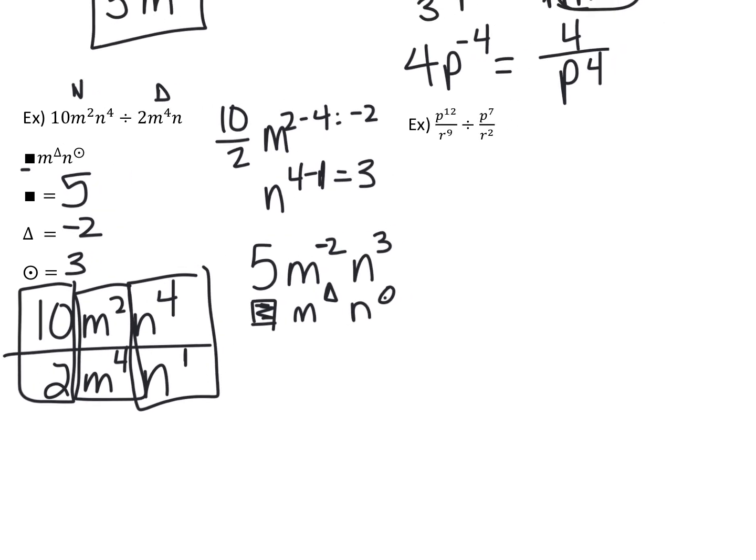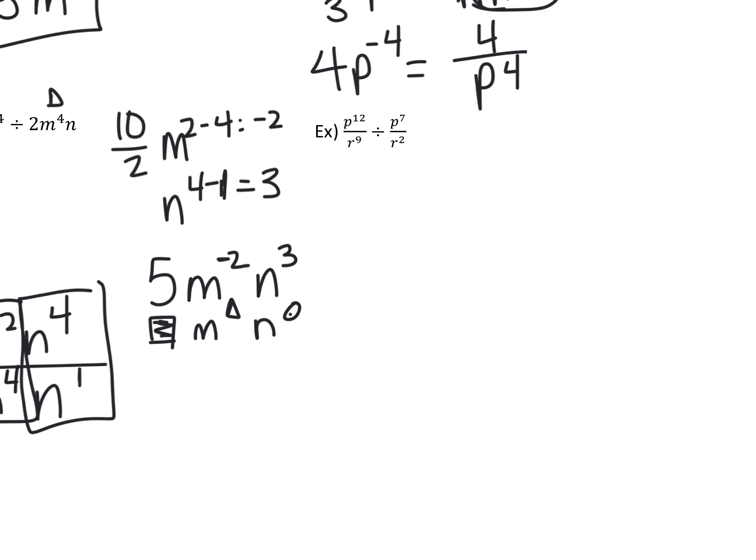This last one is a little trickier. We talked about keep, change, flip yesterday in our notes. So keep the first one, and then change your divide to a multiply and flip your second one.